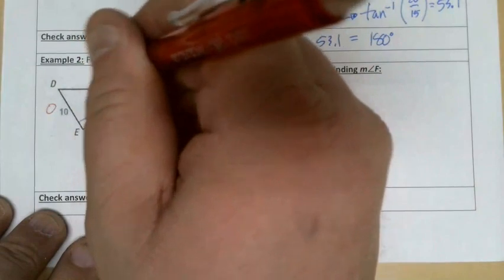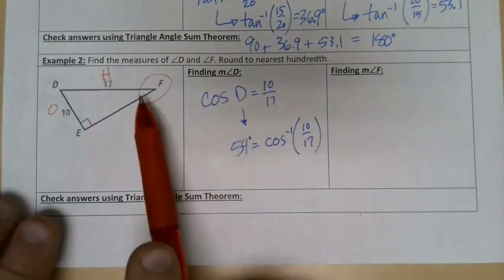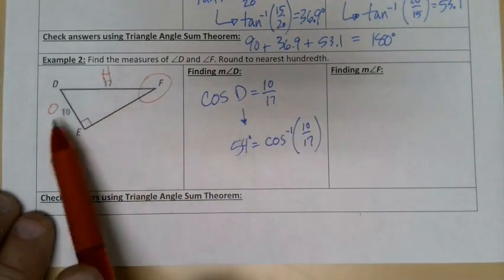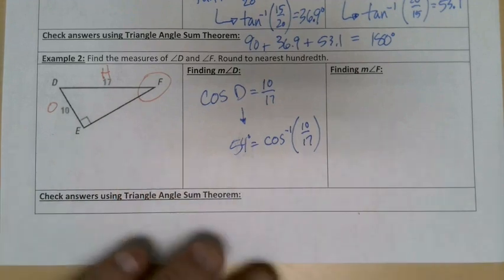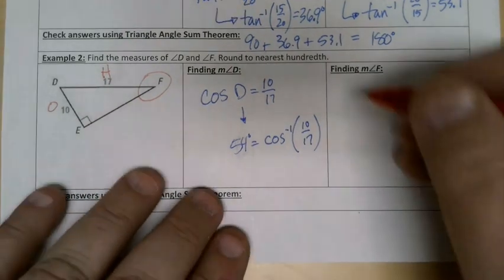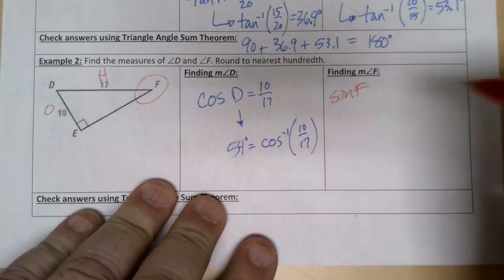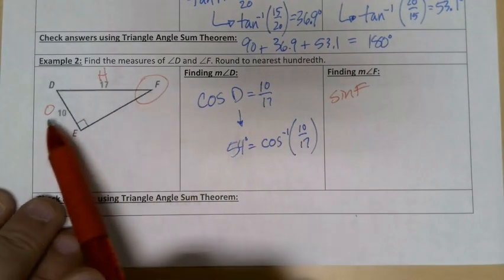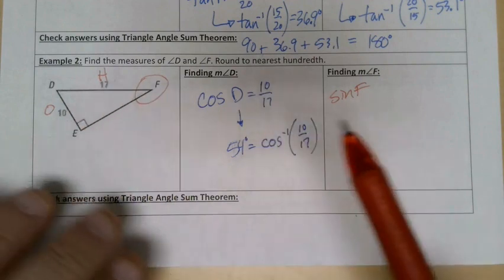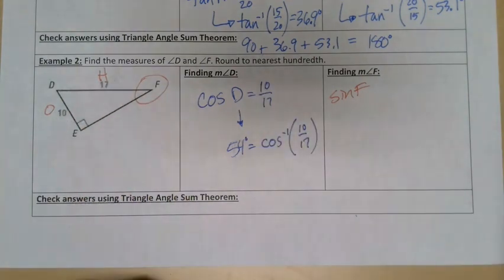This is opposite, and this is my hypotenuse. So you see how since I changed from D to F, opposites and adjacents, they change a bit. So now I'm going to be looking at the sine of angle F. And I know sine because the sine is the opposite over the hypotenuse. It's the only trig ratio that has opposite and hypotenuse.